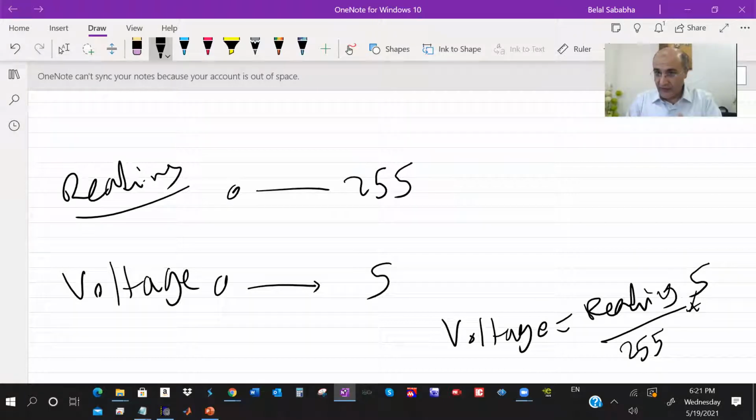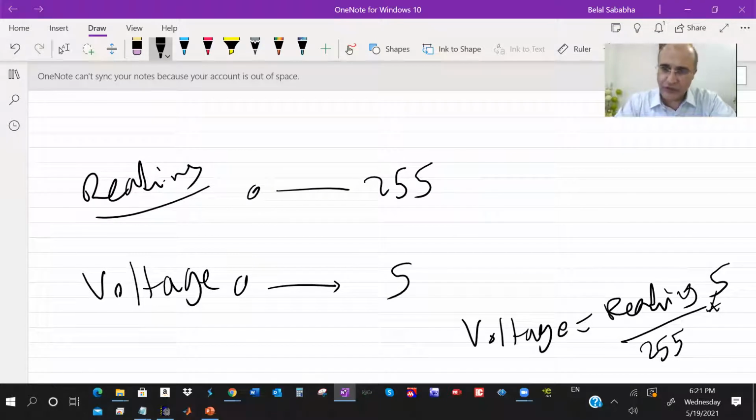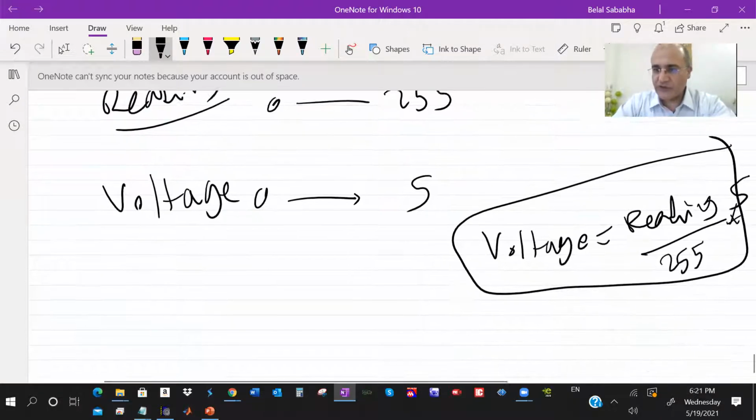If I have two, I can do 5.1, 5.2. If I have 4 7-segment displays, I'll do 4 digits. But now I want to do 1 digit, 0 to 5. So anything below 1 volt will be what? A 0. I didn't reach the 1 volt yet, and so on. Okay. So this is how we do it.